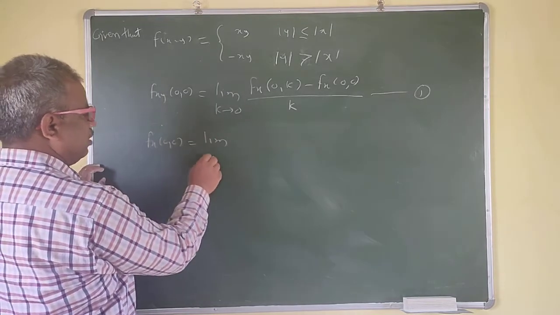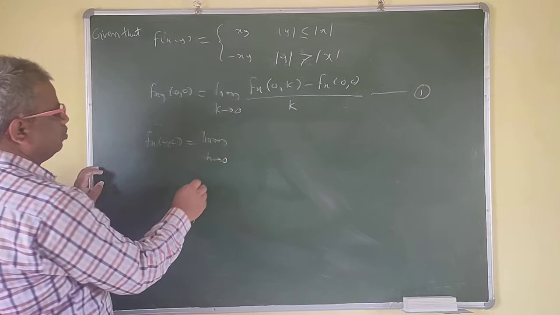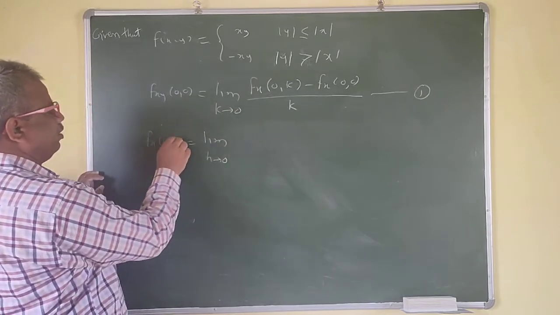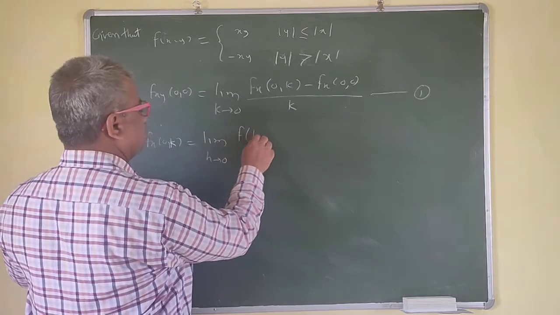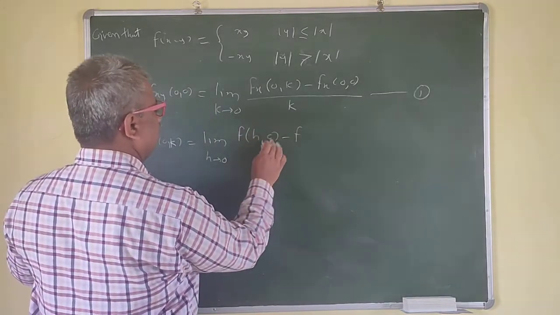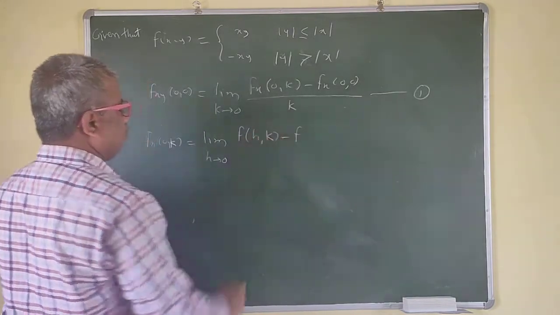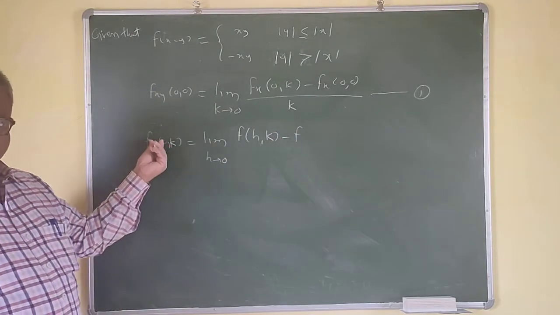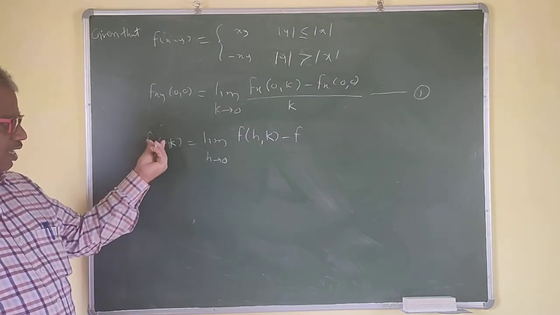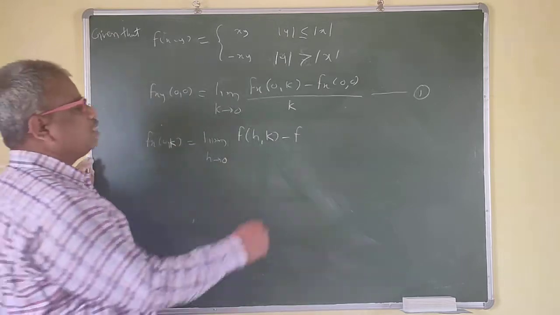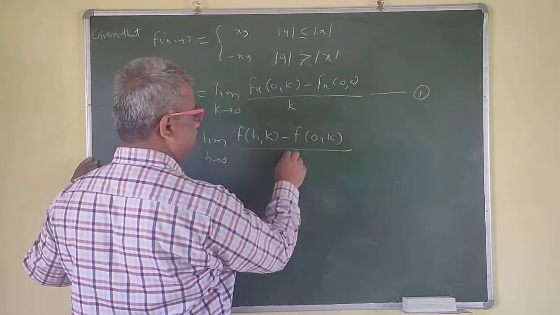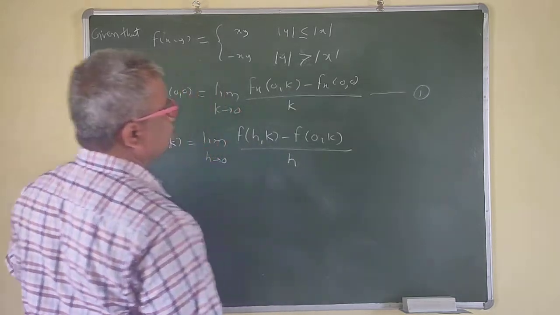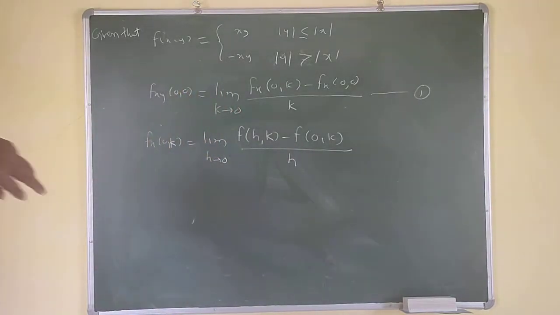So limit as h tends to 0, f(h,k) minus f(0,k) upon h. You have to increase your x coordinate by h, so 0 plus h is h, and your k stays as it is. Now we have to put in the value.